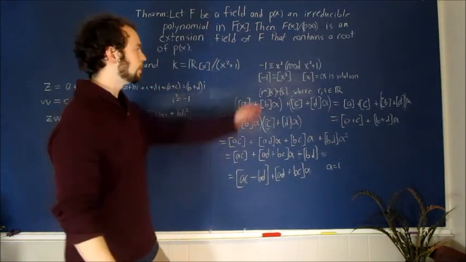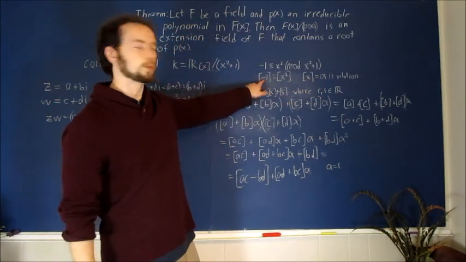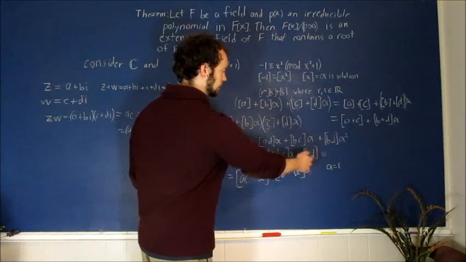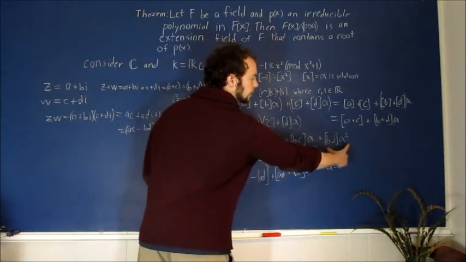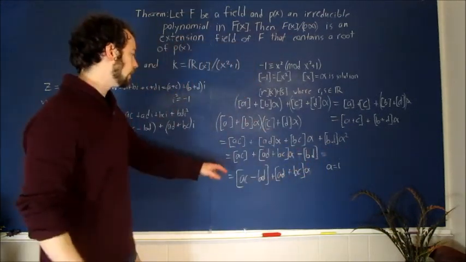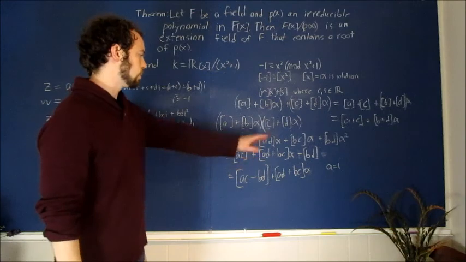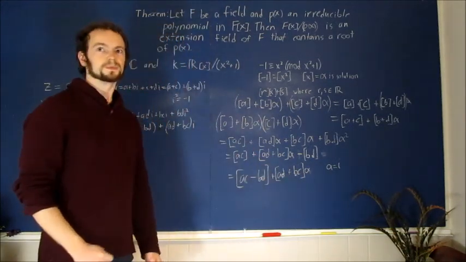But alpha squared, remember, is just equal to -1. So this simplifies to this next row, and then finally, just combining like terms, we get this result at the bottom.